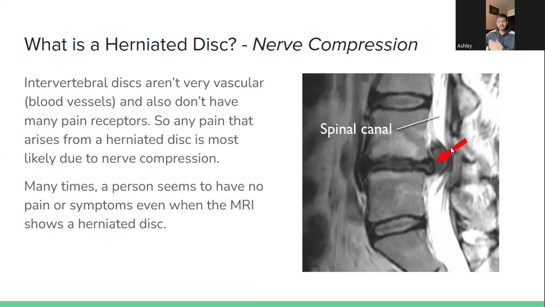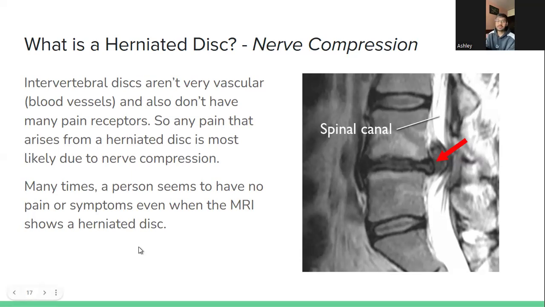This is basically about nerve compression. As you can see, this is an MRI of a herniated disc, and you can see it protrudes out. Sometimes people compare it to a mushroom, because it looks like a mushroom. That's pretty characteristic of a herniated disc. Like I said, discs aren't very vascular. I think we already touched upon this, right?